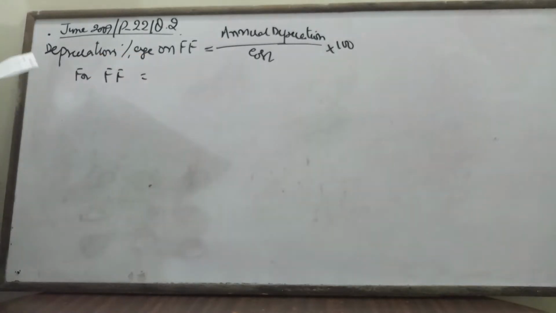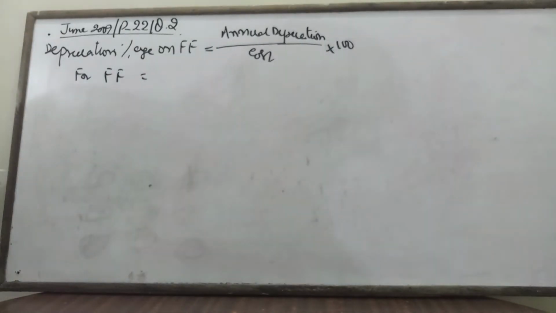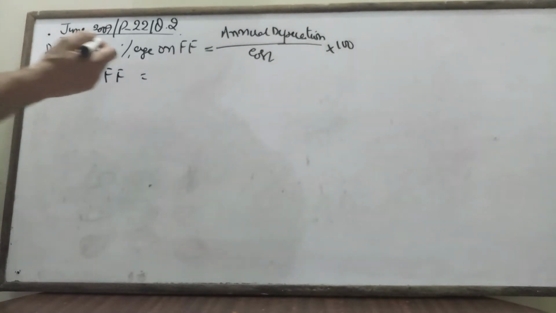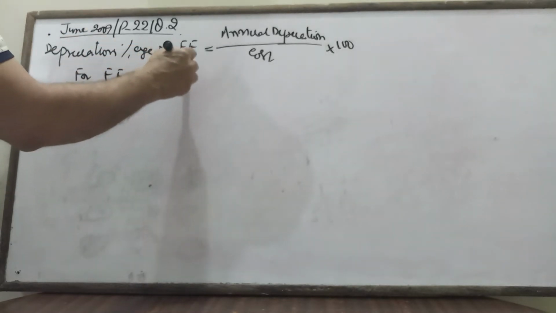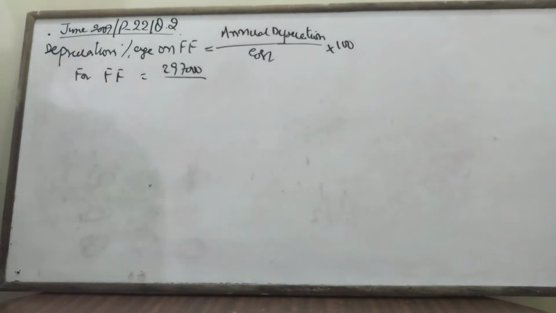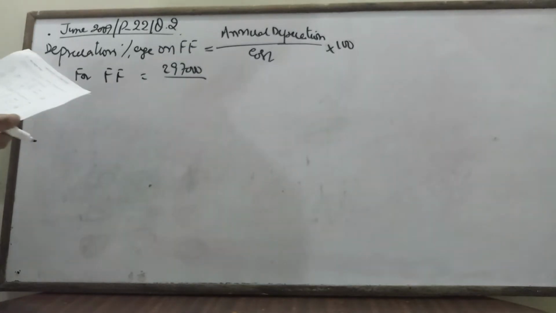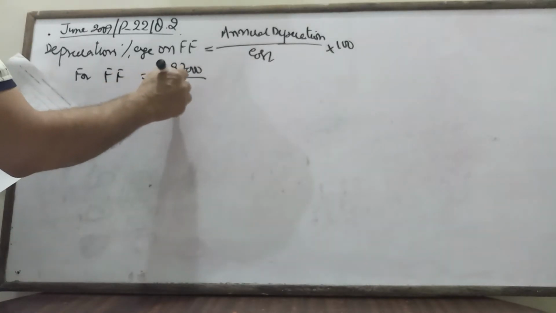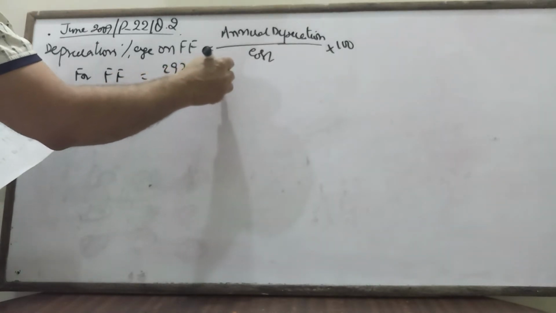So for fixtures and fittings, you can calculate the annual depreciation charge in 2008. This account is given all for 2008. The annual depreciation charge on fixtures and fittings for 2008 is 297,000, divided by the closing balance of fixtures and fittings in 2008, which is 2,970,000, multiplied by 100.